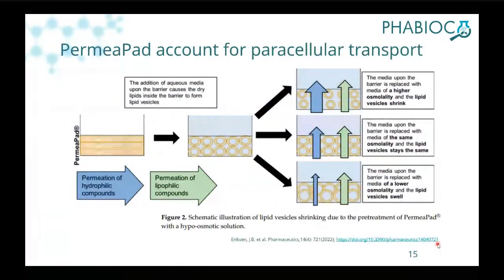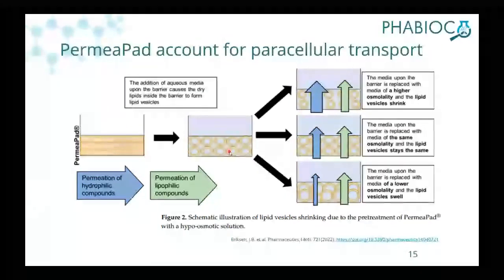And I said before that the PermeaPad has these paraliposomal pathways, and this has been demonstrated in a very recent publication by Eriksson and co-workers. They made a very elegant study where they modified the tonicity of the donor solution in order to have the liposomal gel forming with a different size of the liposomes, to allow the liposomes to shrink or to swell. Investigating one of these compounds, caffeine, the permeability of the compound was highly affected.